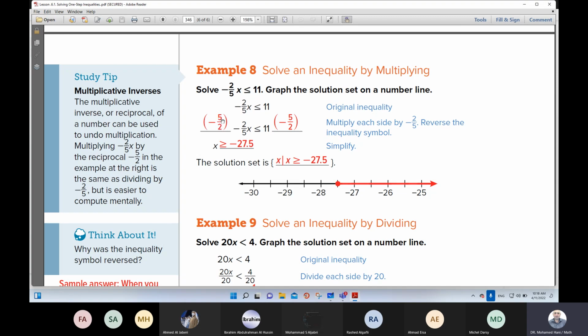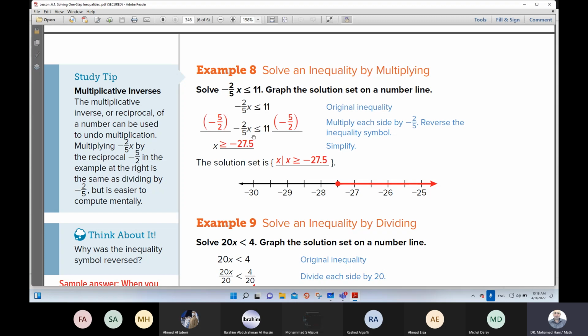So negative 5 over 2 times negative 2 over 5, you will get 1x. And on the second side, multiply 11 by the same number, negative 5 over 2. 11 times negative 5 over 2 will be negative 27.5.